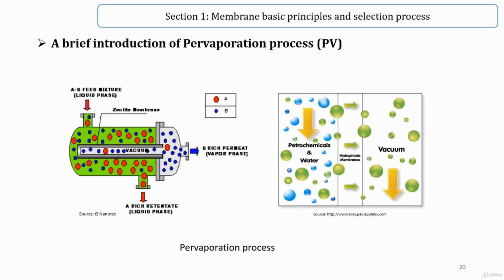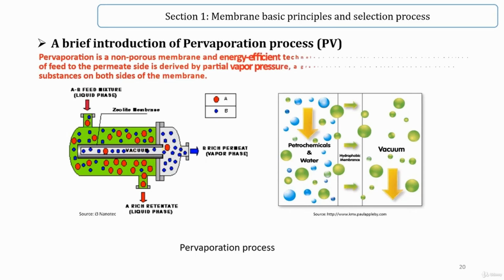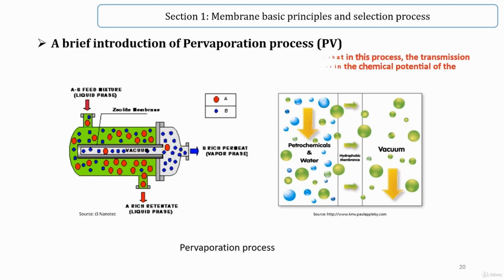Pervaporation is a technique similar to distillation, but there are some differences. Pervaporation uses a non-porous membrane and is an energy-efficient technology, in which the transmission of heat to the permeate side is driven by partial vapor pressure, a gradient in the chemical potential of the substances on both sides of the membrane.